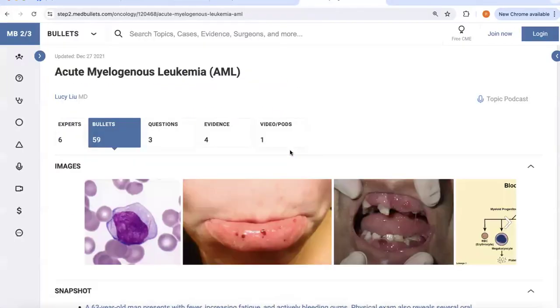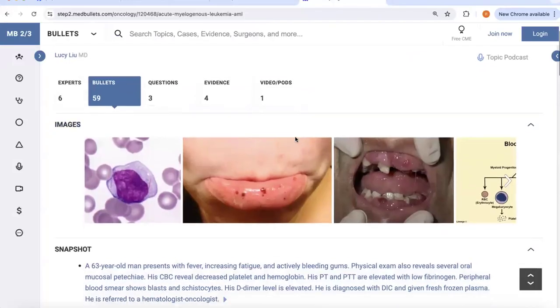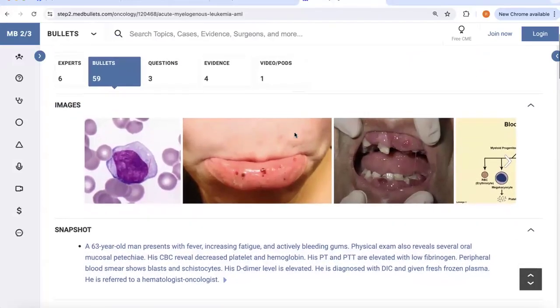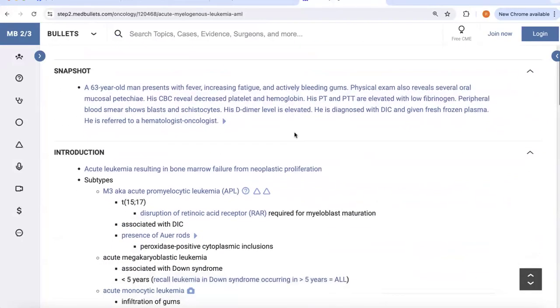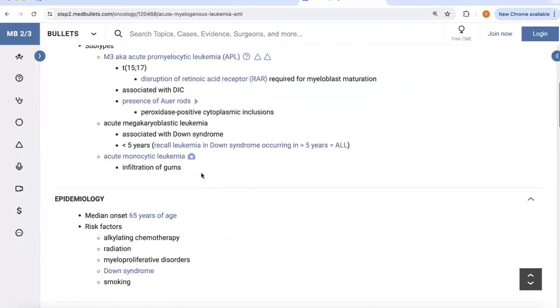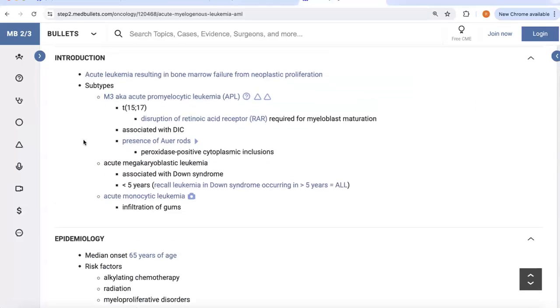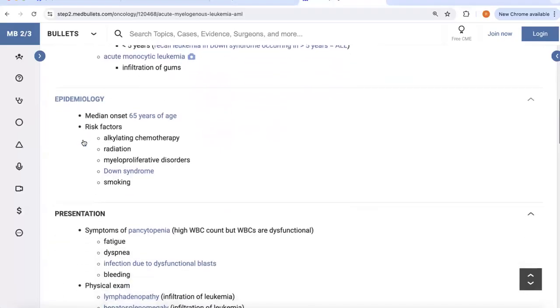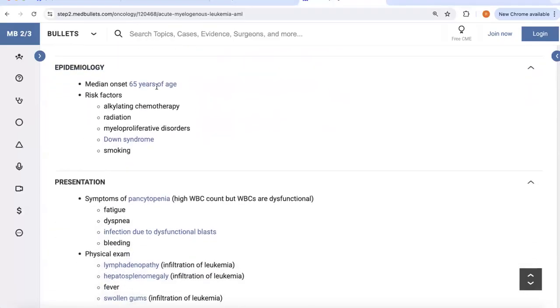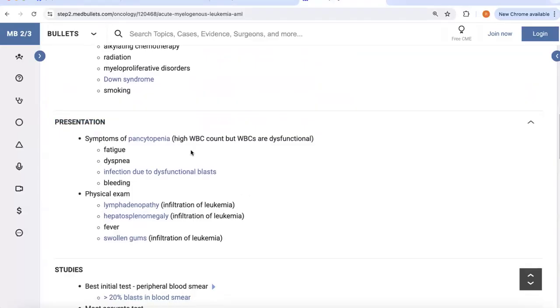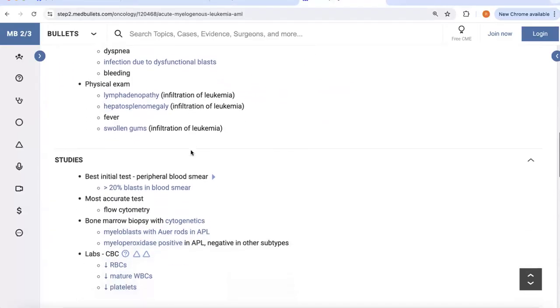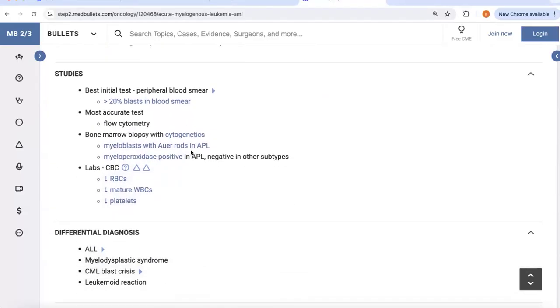Then we are coming to acute myelogenous or acute myeloblastic leukemia. So you can go through these questions and everything. As you can see, median onset above 65, so it's mainly elderly patients who get it. So initial test, same, peripheral blood film and full blood count.